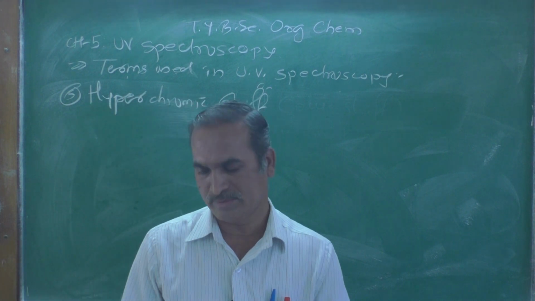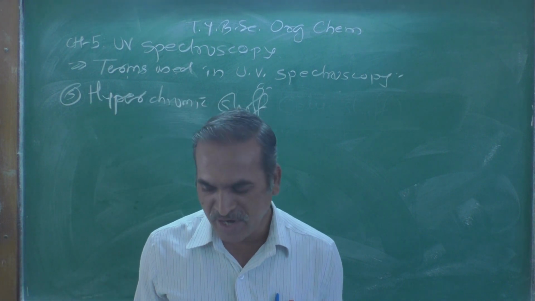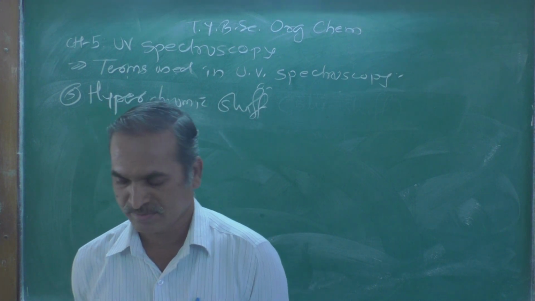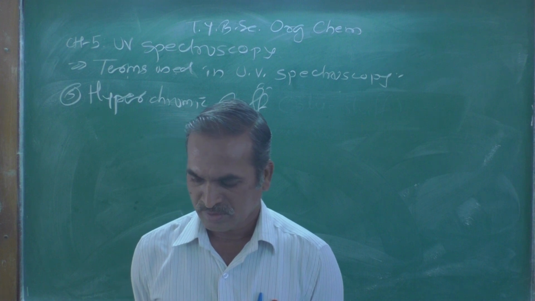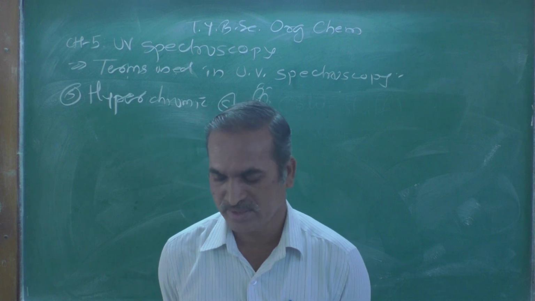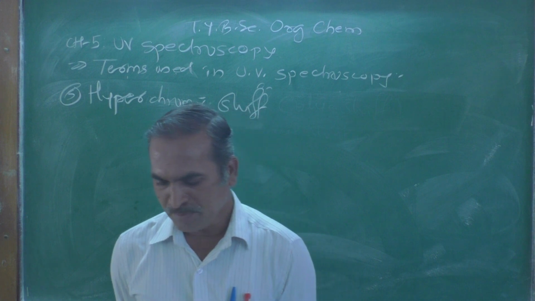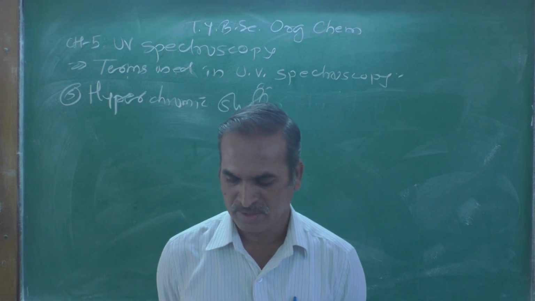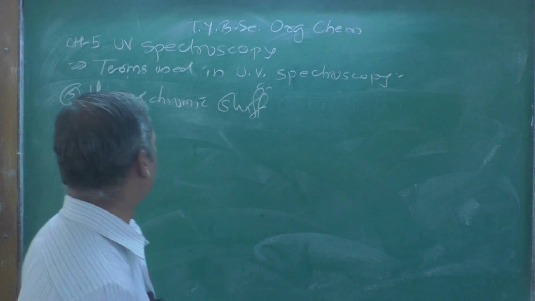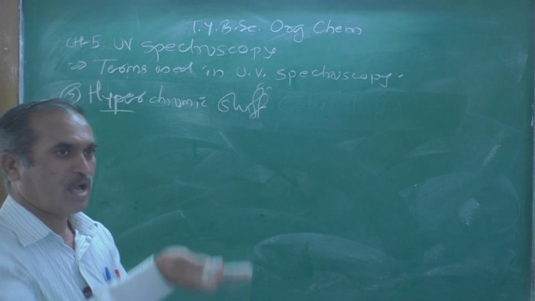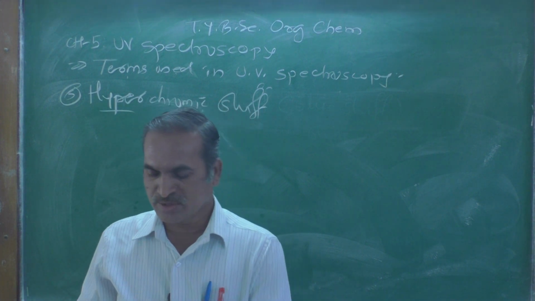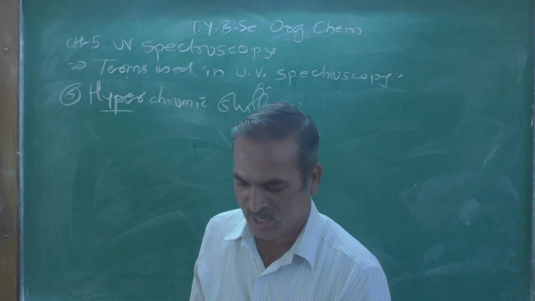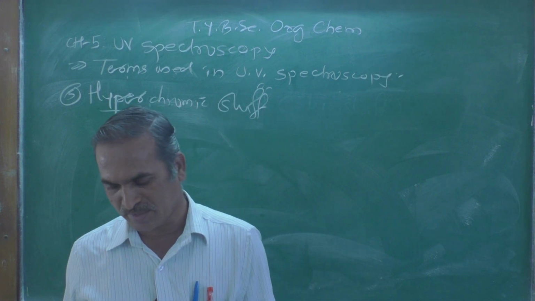What does it mean? How do we define it? When the intensity of absorption increases, it is known as hyperchromic shift. It is related to intensity. Hyper means high intensity, so when the intensity of absorption increases, it is known as hyperchromic shift.